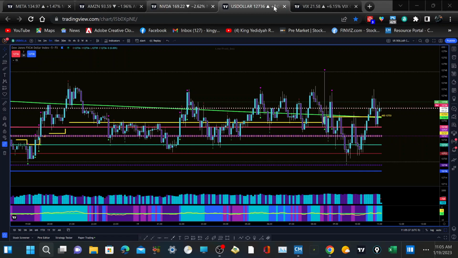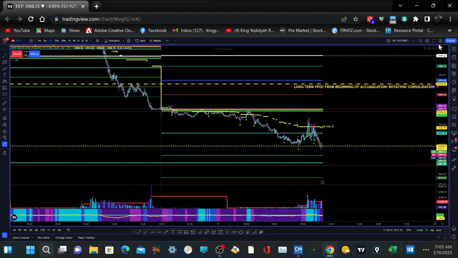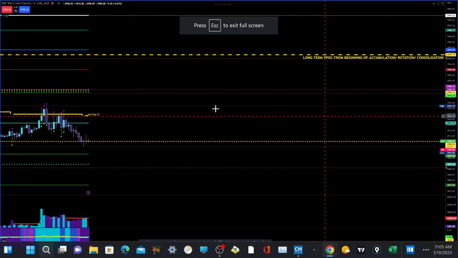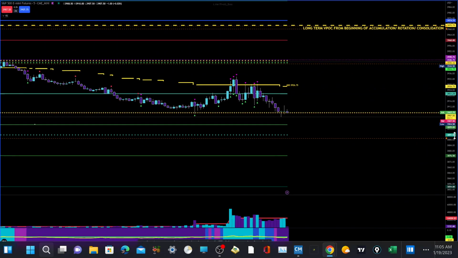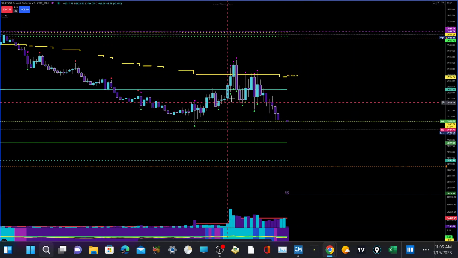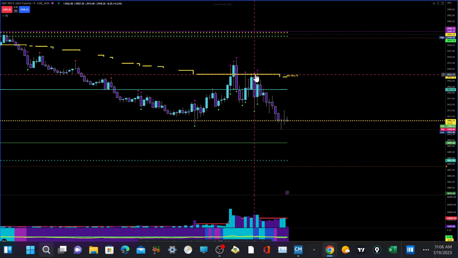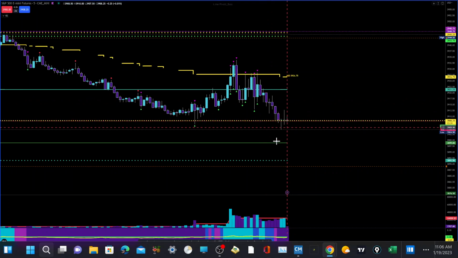Let's go check out the ES1. Right, so this was the open in the ES1 right here, and as you can see, it pulled back, tested the mid again, pulled back. Now we're looking like we're breaking down, and we're probably gonna clear out some shorts.